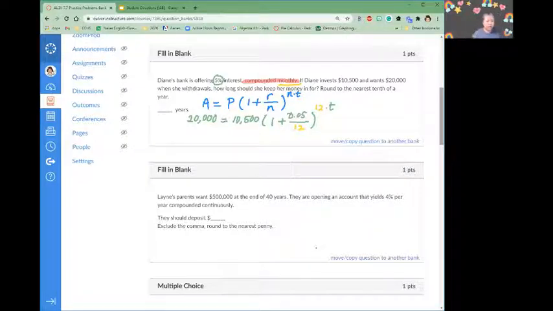If you don't utilize the parentheses properly, or you don't punch in your numbers in the right order of operations, it's going to give you a wrong number.